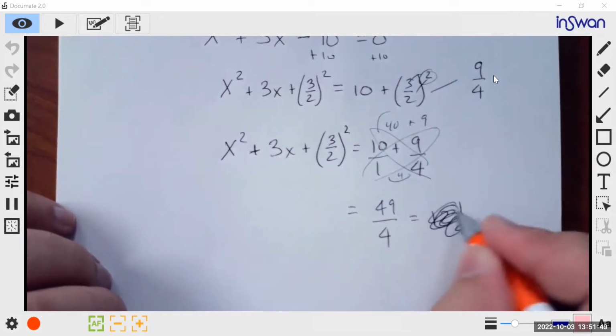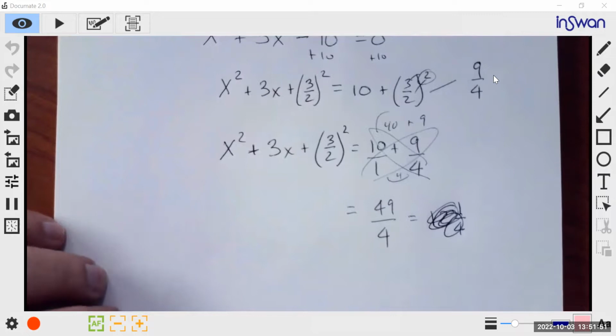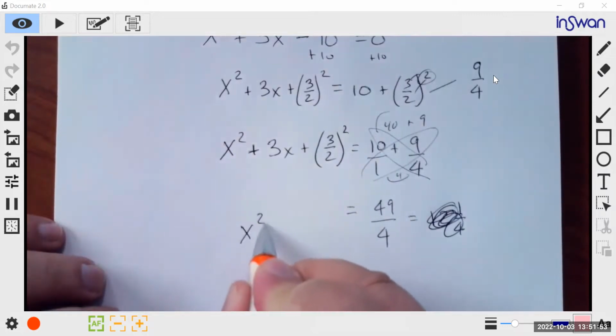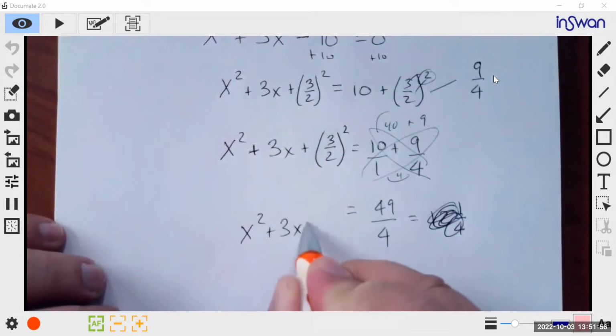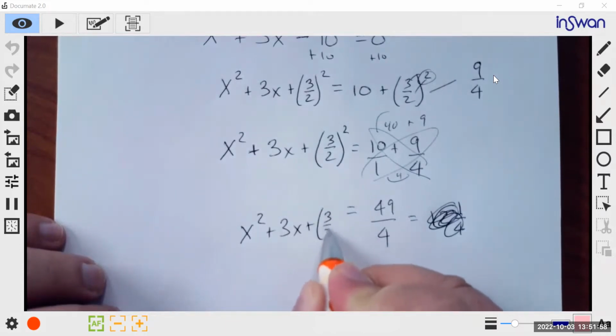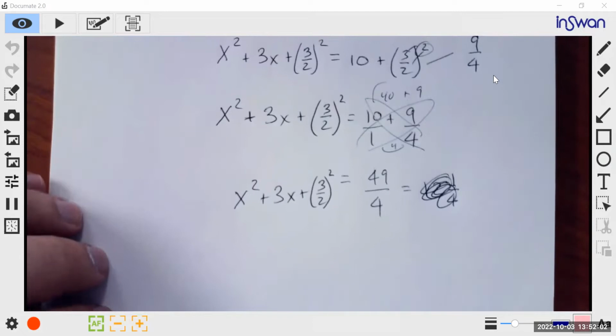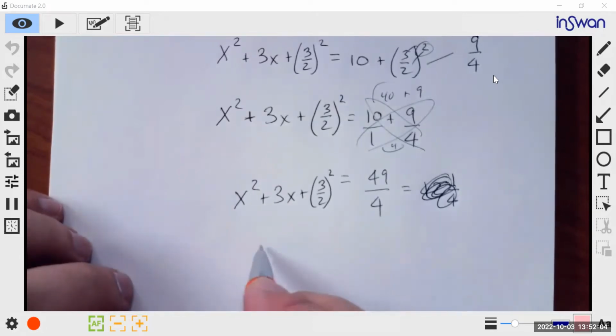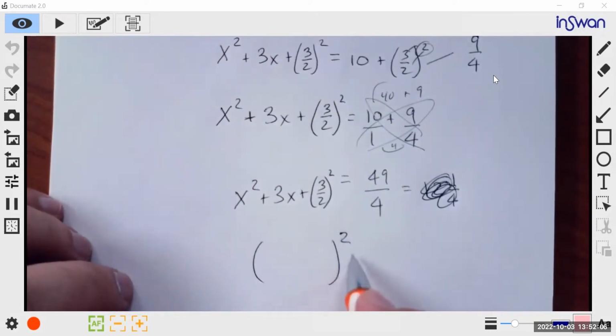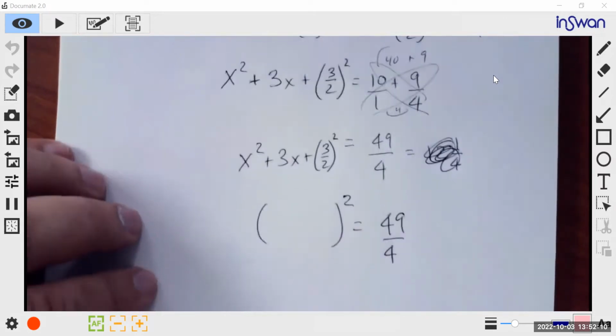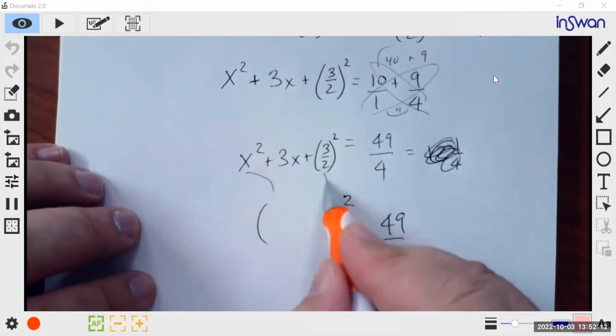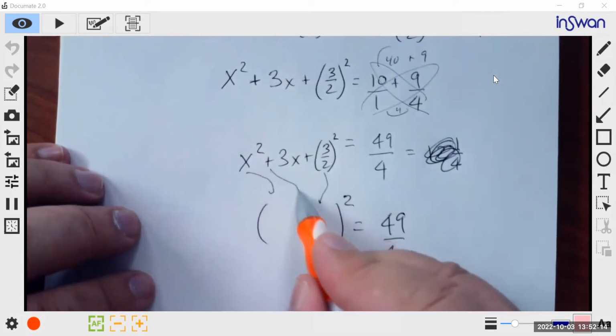But right now, we'll just leave it as this. Now we complete the square. Whatever's in the square goes inside the parentheses, as well as the first term.